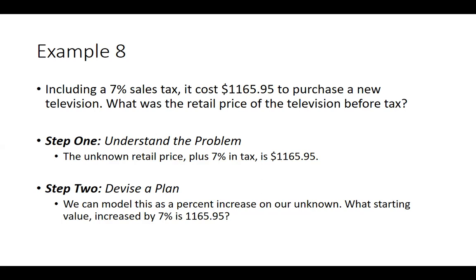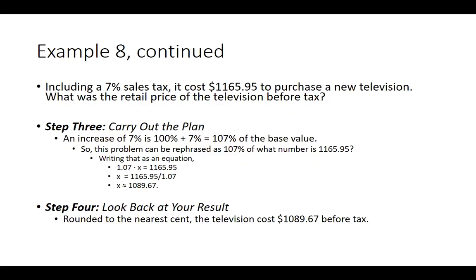Understanding this problem correctly would be knowing that the unknown retail price plus 7% in tax is $1,165.95. We can model this as a percent increase on our unknown. What starting value increased by 7% is 1,165.95? Well, an increase of 7% is 100% plus 7%, or 107% of the base value.